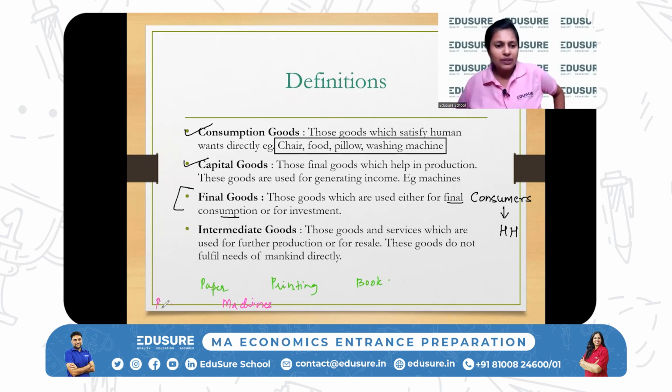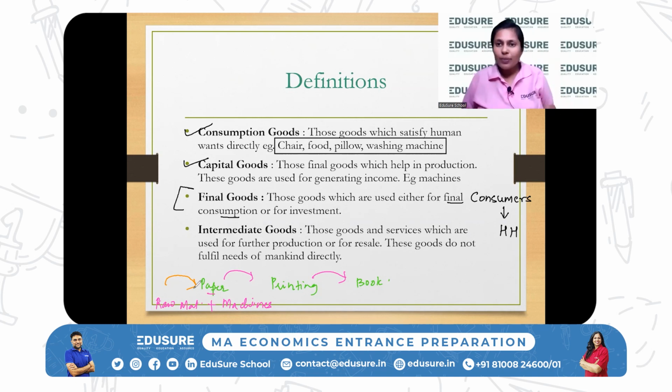There is raw material and there are machines. Right behind this paper going for printing and printing being bound into a book, there is raw material involved and there are machines involved. Now, the raw material, let's say the pulp, got turned into paper. Okay, the pulp got turned into paper, right?